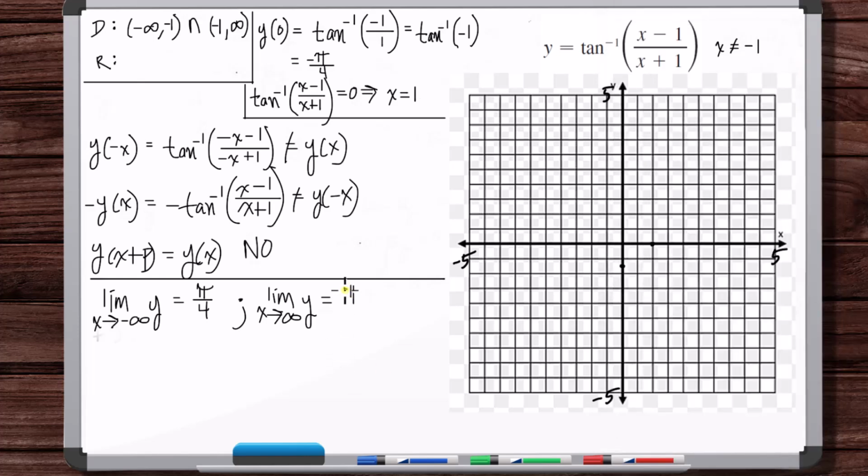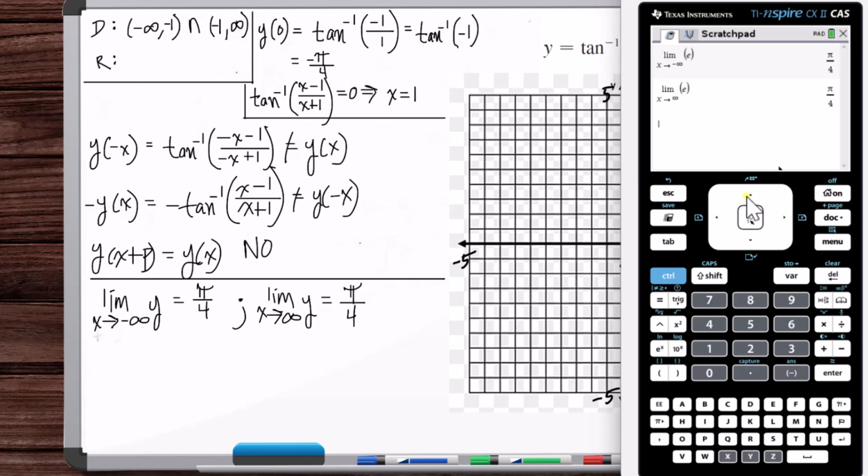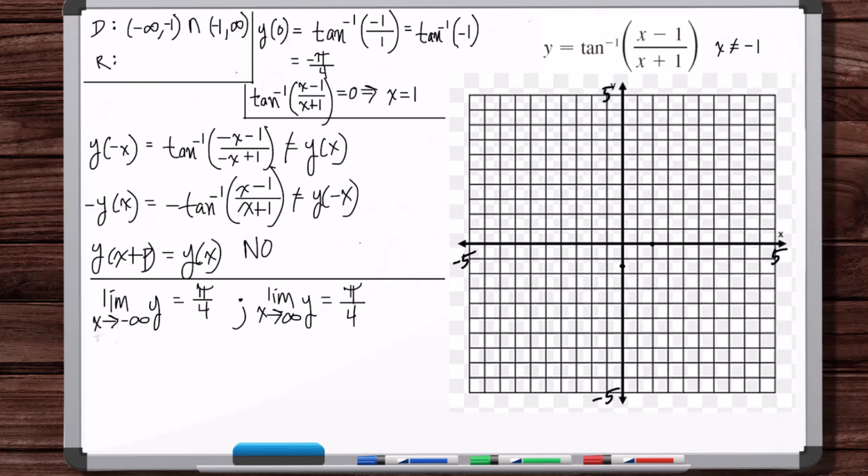So we've got a horizontal asymptote at pi over 4. What is pi over 4? 0.79. So here's 0.5, here's 1, and there's positive pi over 4. We're going to be approaching this as x goes to positive and negative infinity in some way.